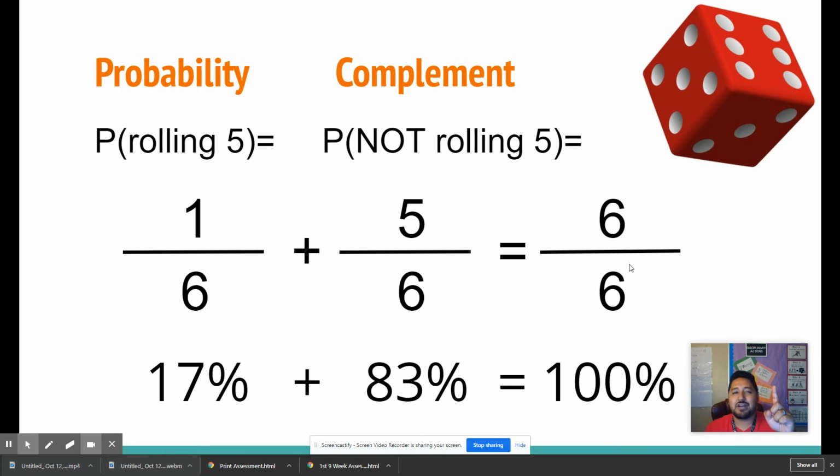So the probability of 5 is 1/6, and the probability of its complement is 5/6, and all together equal all possible outcomes because we're certain that we're going to roll at least one of those 6 numbers. And so that would be all possible outcomes, the probability and its complement.